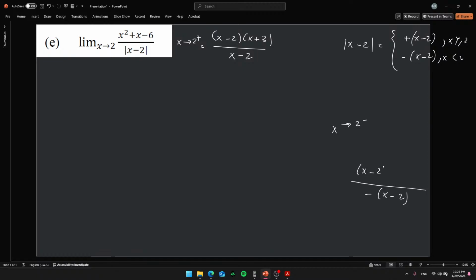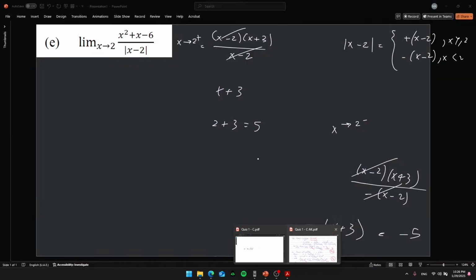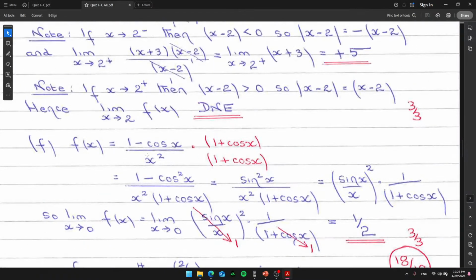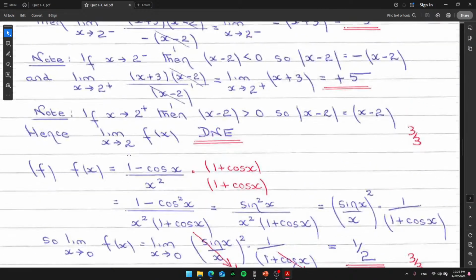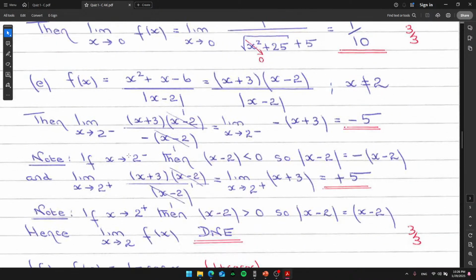So x minus 2 cancels, leaving x plus 3 with a negative outside from the left, and x plus 3 without a negative from the right. Now plug in 2: 2 plus 3 is 5, and here negative 5. So 5 and negative 5, it does not exist.